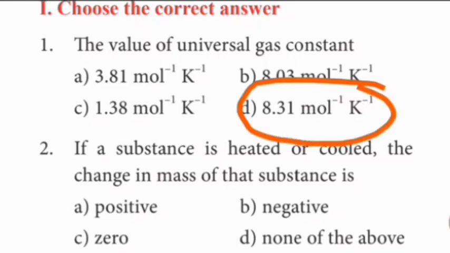The second question is, if a substance is heated or cooled, the change in mass of that substance is: positive, negative, zero, none of the above. Option C is the correct answer, zero.